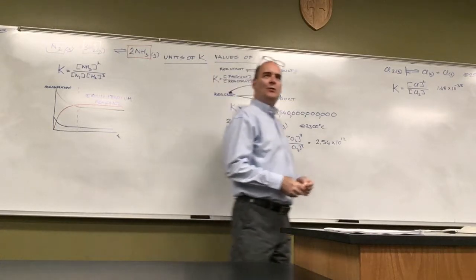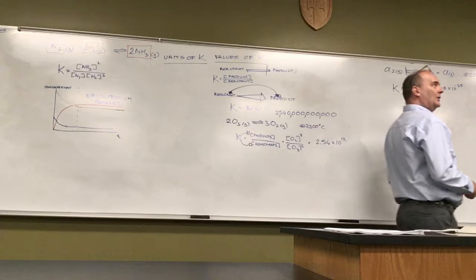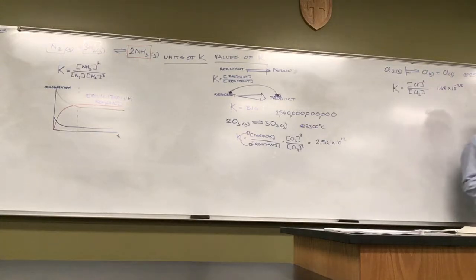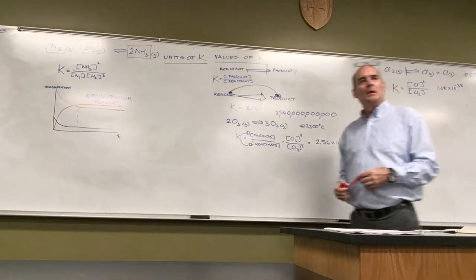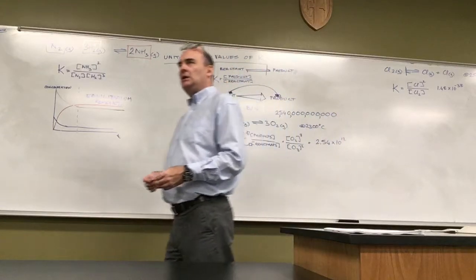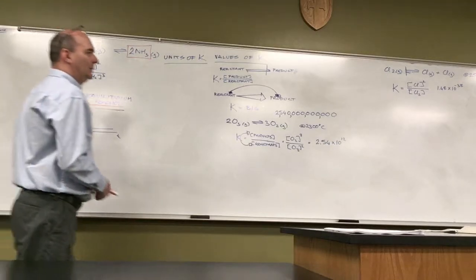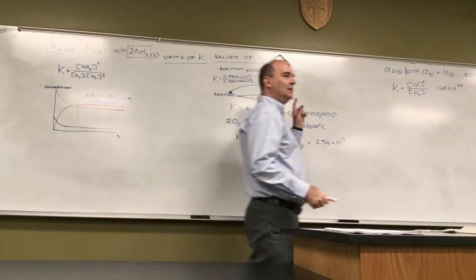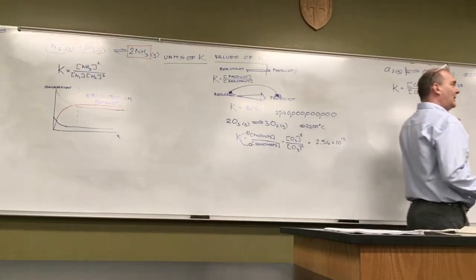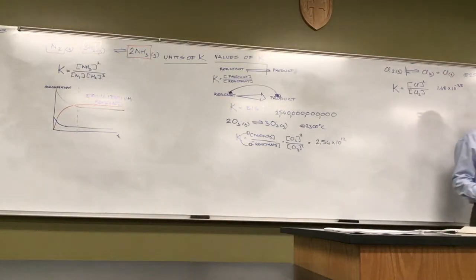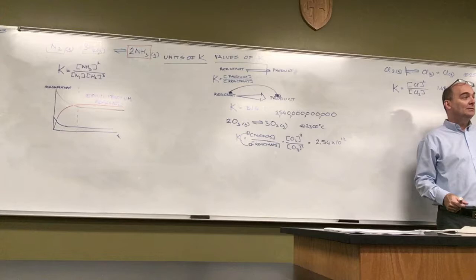We wrote down N2O4 turning into 2 molecules of NO2. So K equaled NO2 squared over N2O4. And the NO2 is measured in molarity.